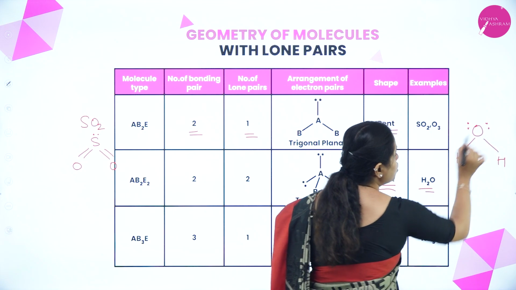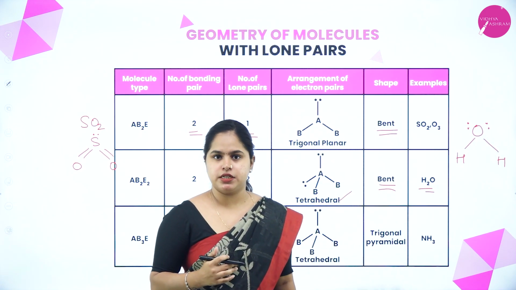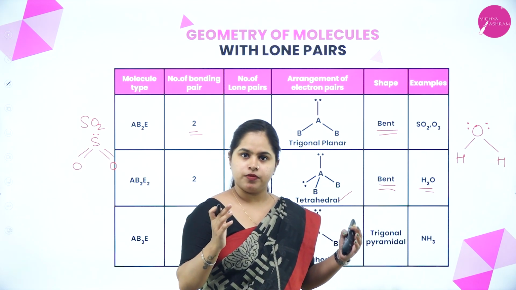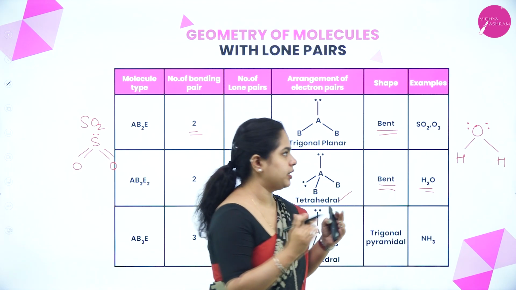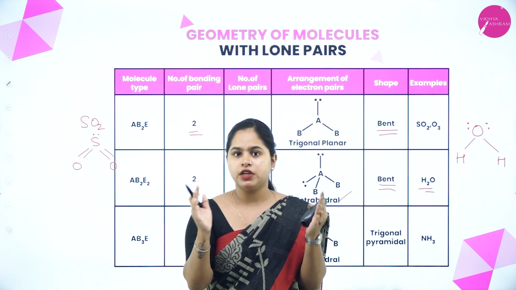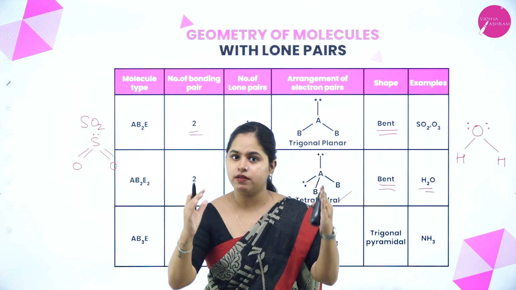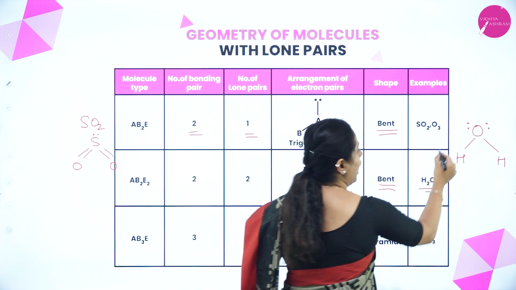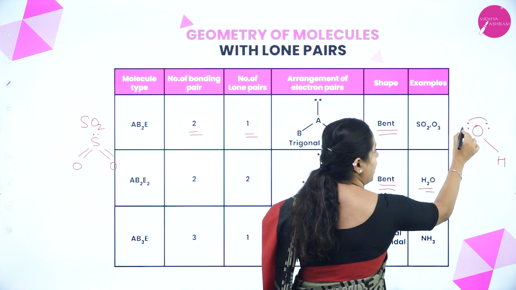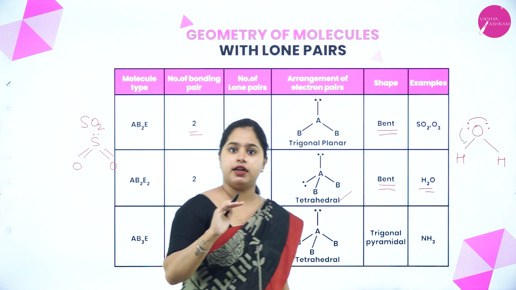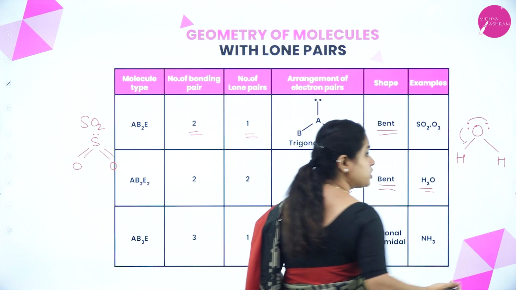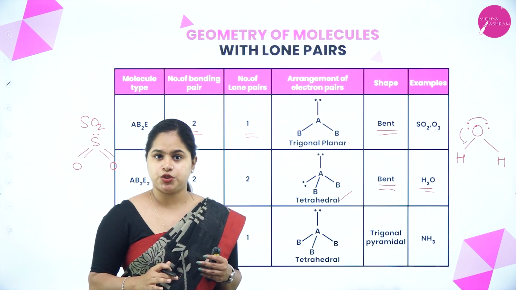Now there are 2 lone pairs here, and these 2 lone pairs will repel each other, so a change in shape will be there. They will try to attain maximum distance from each other, so the bond will start bending. Now, the lone pair and bond pair will also have a repulsion, and these 2 bond pairs will also have a repulsion between them.